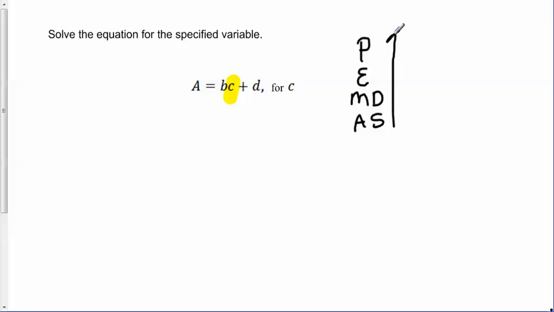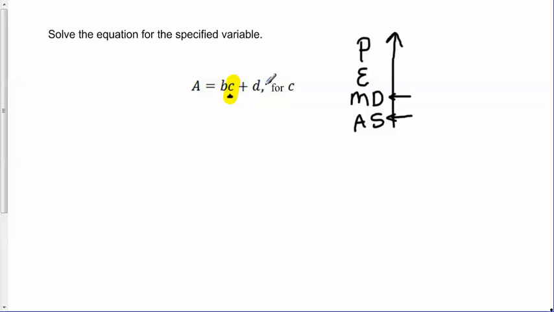We're going to make things let go of that C variable by peeling away from the weakest operations, which are down here at add, subtract. Then we're going to peel away anything connected by multiply or divide, which is the next weakest, and work our way up the order of operations to get the C all by itself.